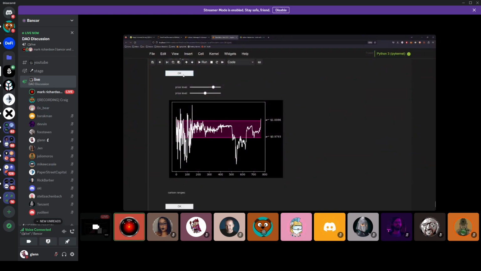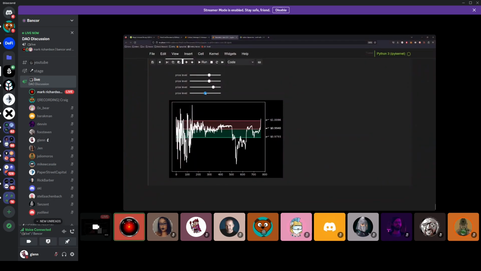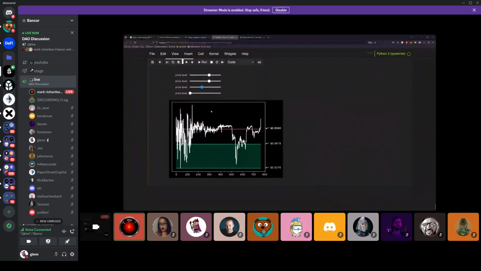Okay, cool. So we'll use that for Uniswap, and then to do something a bit different this time. And this is how I plan to use Carbon, by the way. I'm going to set the buying range to be somewhere down here, right? So that we can take advantage of these profound drops.